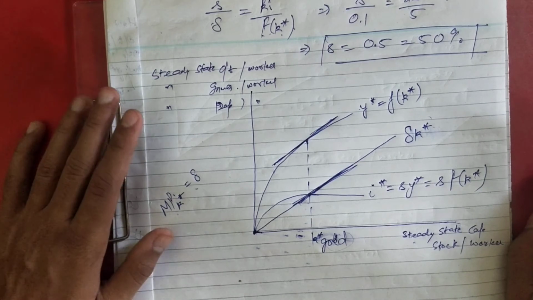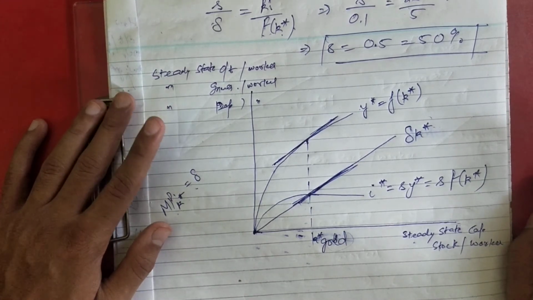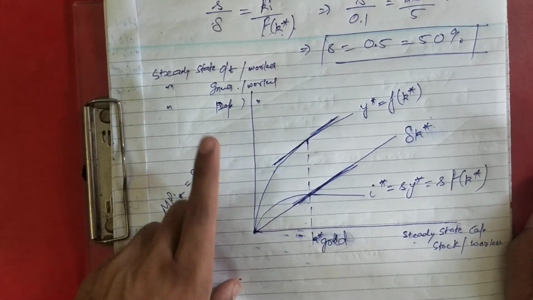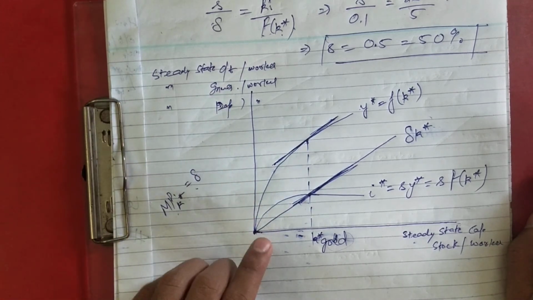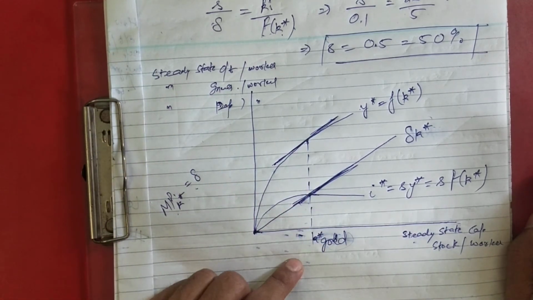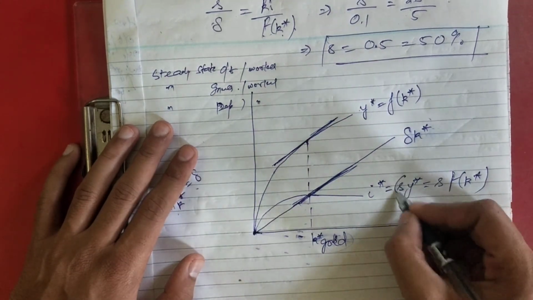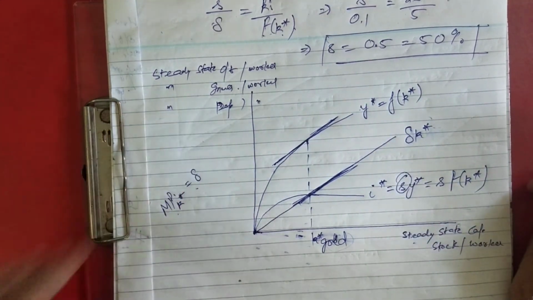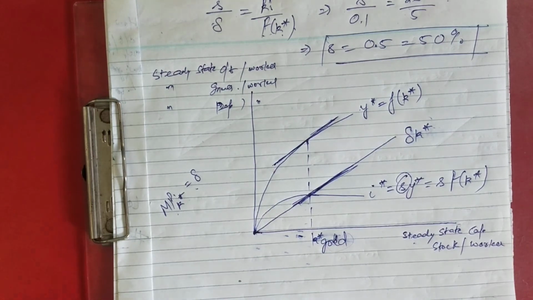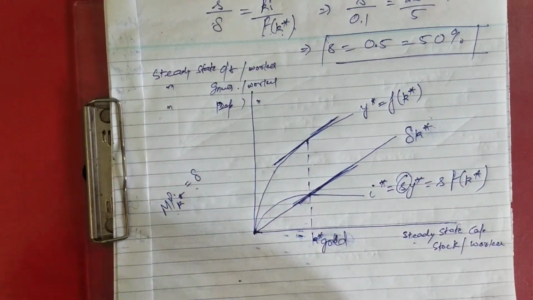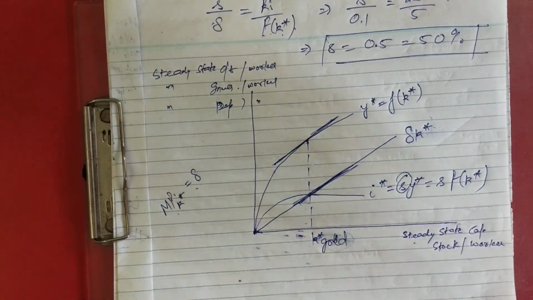We must note that the economy doesn't automatically attain the golden rule steady state. If we want any particular steady state such as the golden steady state, then we need a particular saving rate to support it. Okay guys, this was the main point. You need a particular saving rate to support that golden steady state level.